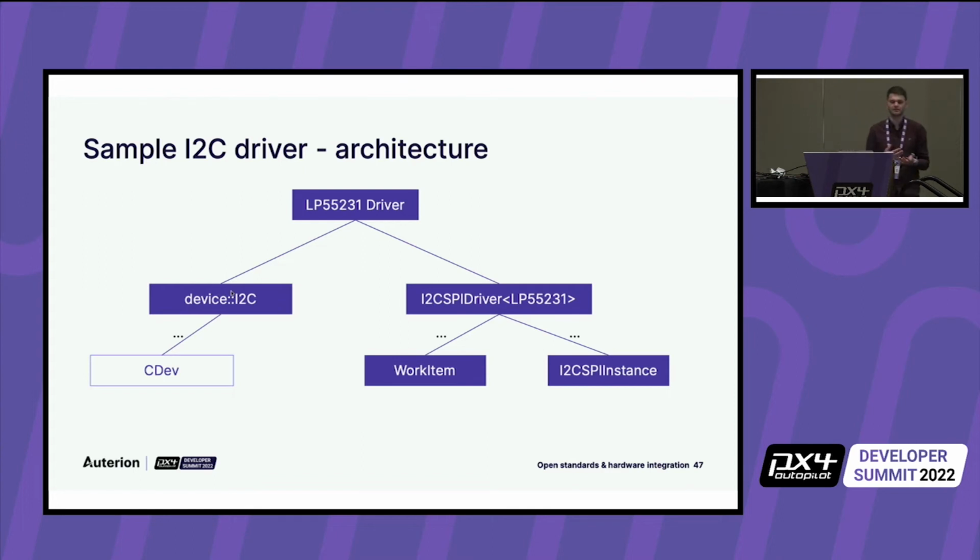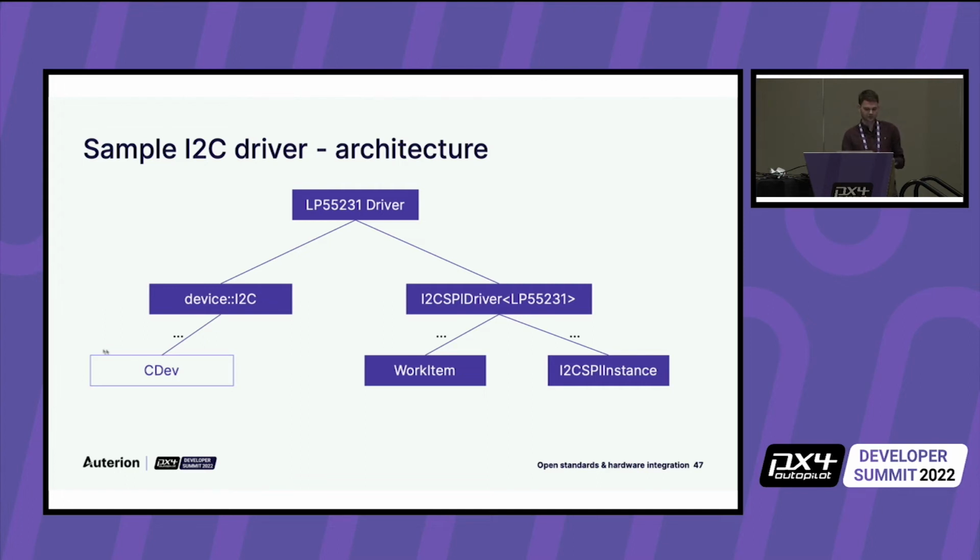It's about transferring bytes over the I2C bus. Whereas the right-hand part is more about the life cycle management of the driver. So the driver has a start, it has an end, it gets scheduled in the work queue. So that's this part here. This part here is really about devices. It's about how do I modify bits on the wire.